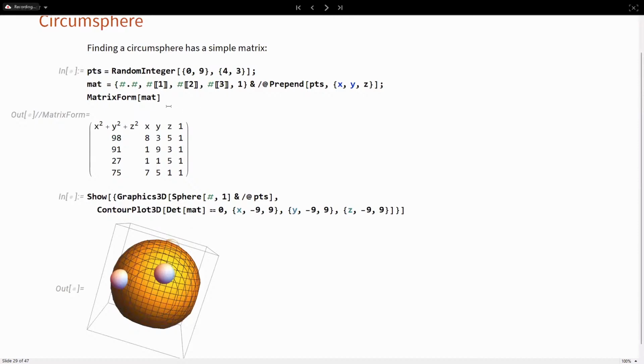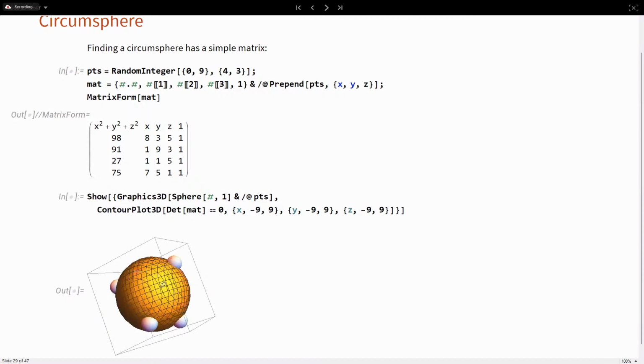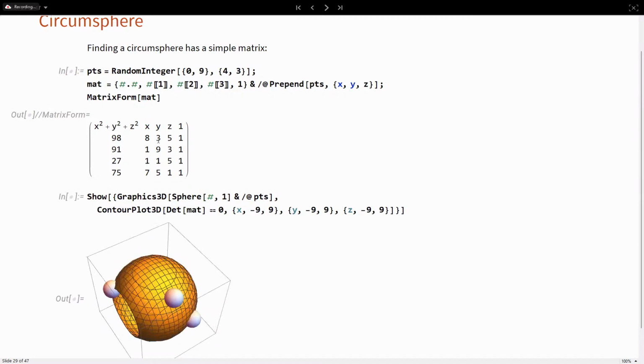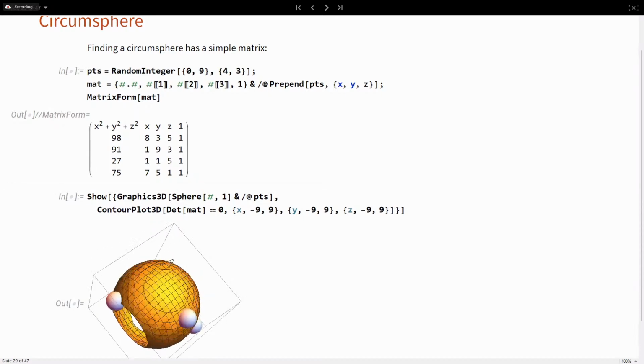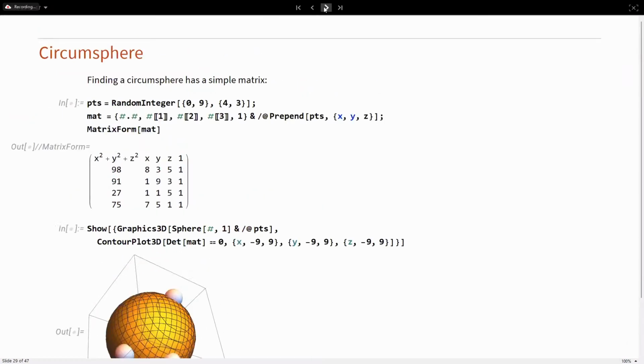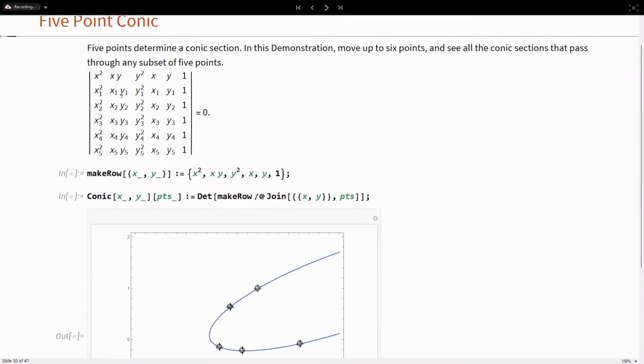The circumsphere we can also solve with a determinant. So here I've got 4 points, and when we just add this vector at the top, we get the equation of the sphere that has those 4 points. For a conic, if we just take the original xy points, we've got x1, x2, x3, y1, y2, y3.